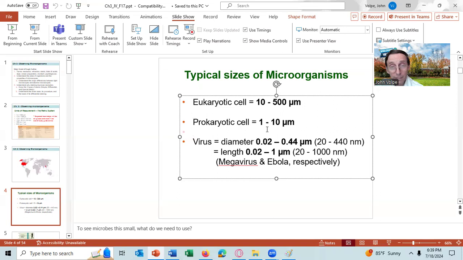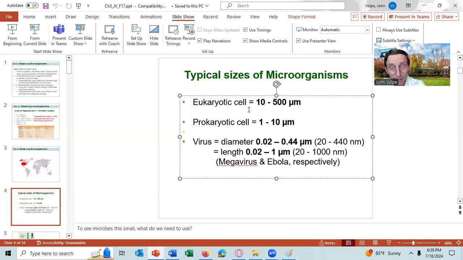And then a virus, its diameter size is between 0.02 micrometers to 0.44 micrometers. So a virus is about 1/10 the size of your average prokaryote, which is about 1/10 the size of a normal eukaryote cell.